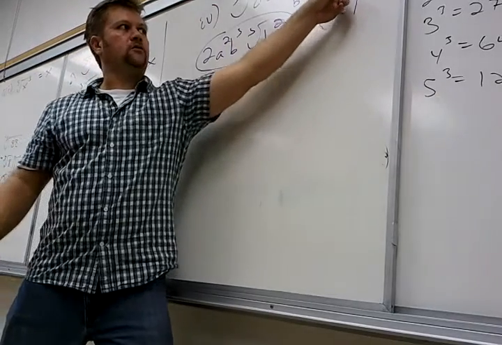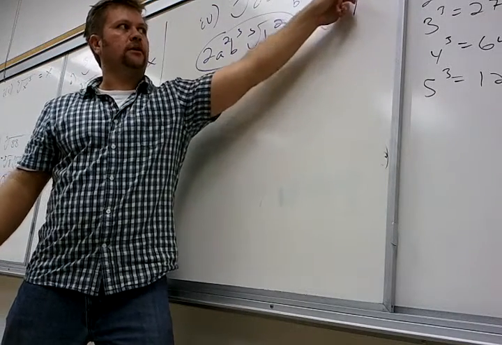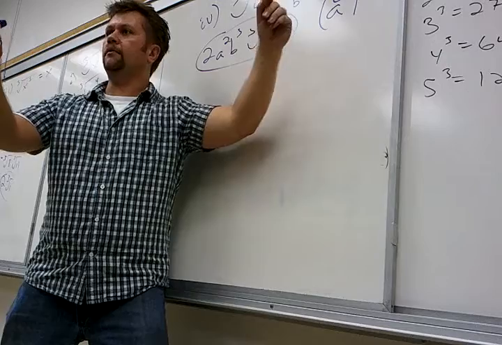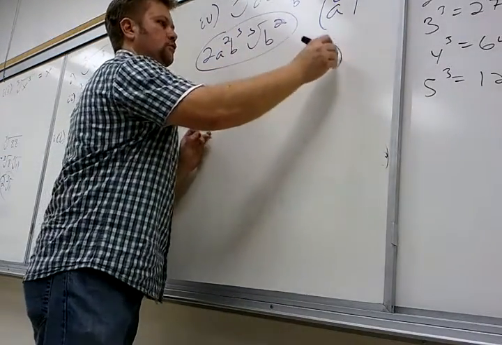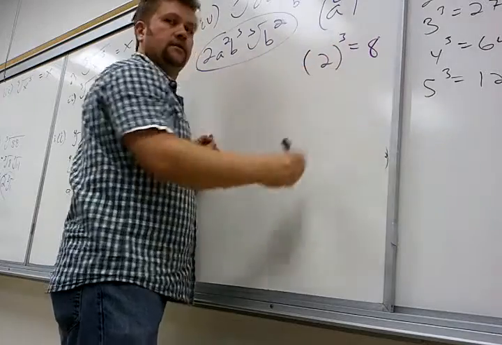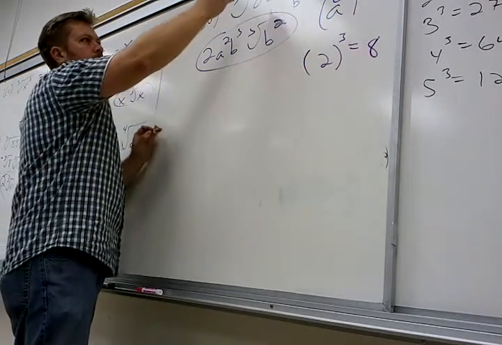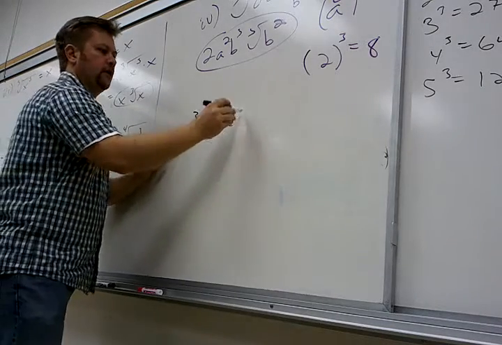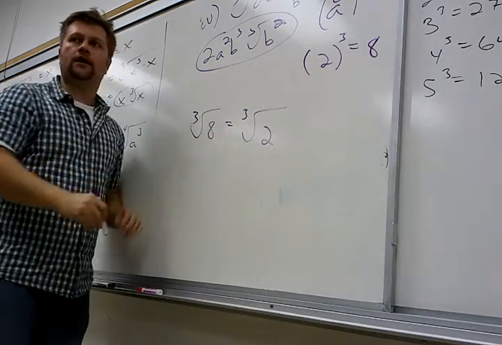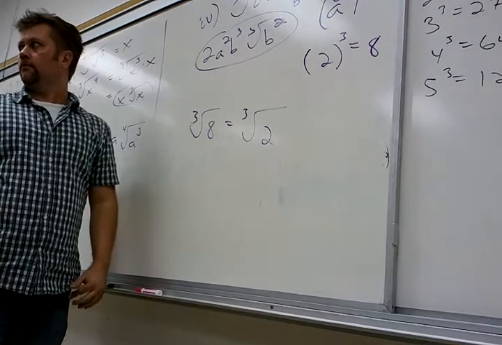Because exponents, what do they do when you have something with an exponent to another exponent? What do you do with the exponents? You multiply them. That's why when I do a root, I divide them. When I have a number raised to a power, I just raise it. So, watch this. Look at cube root of 8 by itself. How can I rewrite 8? Well, it would be 2 to the third power.